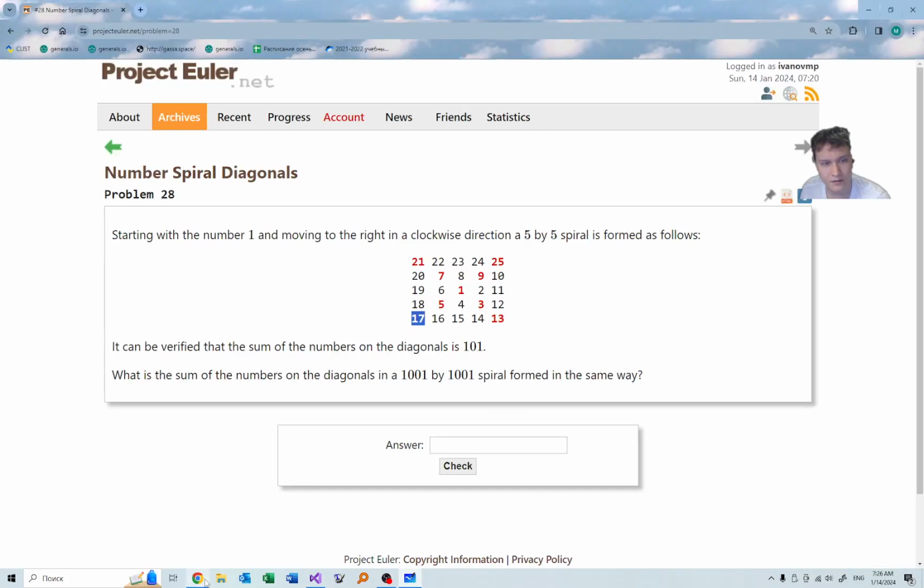Okay, let's start with down right. Hey, how do we find this number, for example, or this number? This number is simply the size of this rectangle plus 1. What is the size of this rectangle?